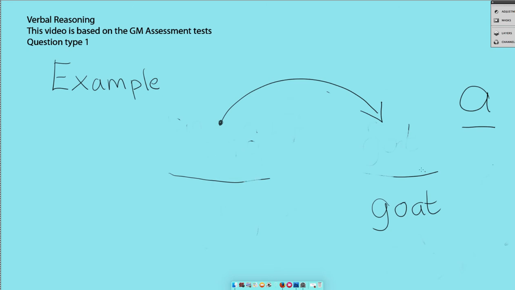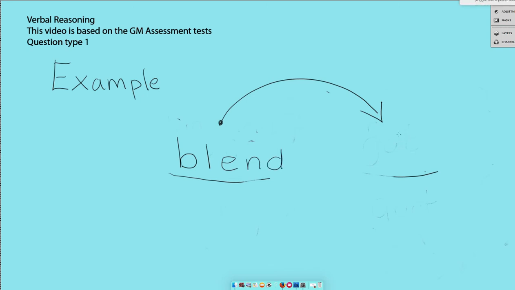Okay, let's try another one. Again, bear with me please, learning. Let's try the word blend. So blend's the first word and feet is the second word. In these questions, one letter can be moved from the first word and put into the second word.